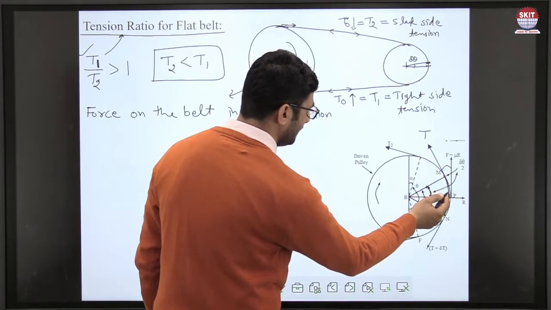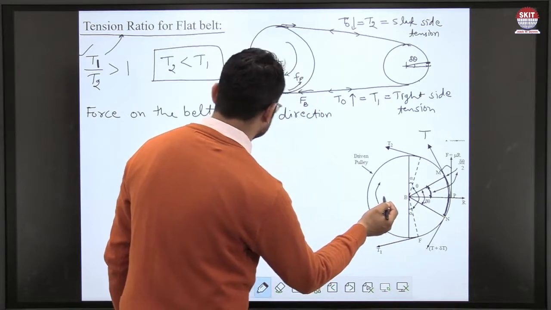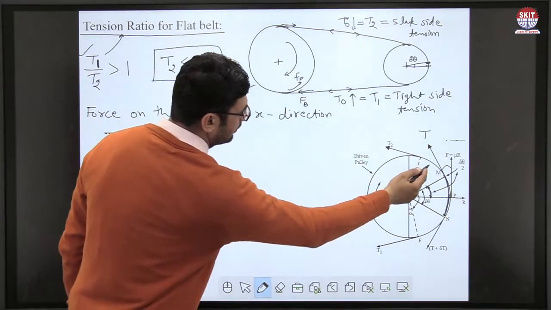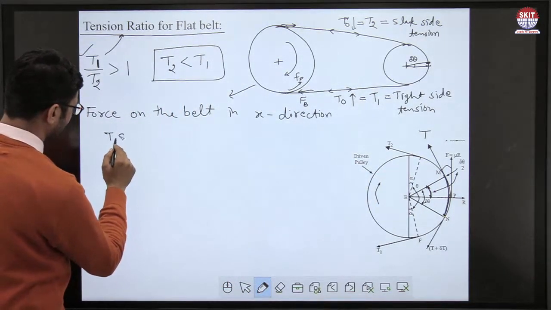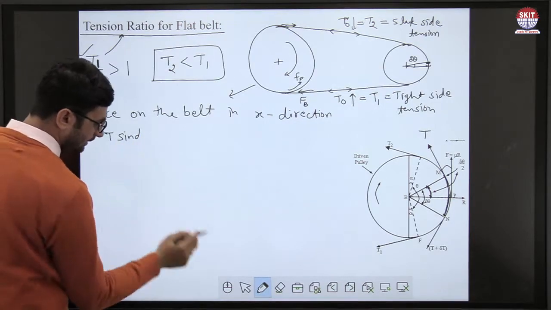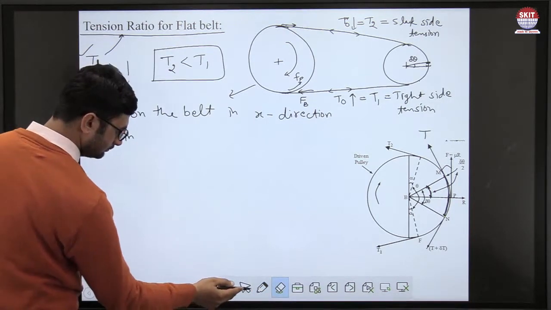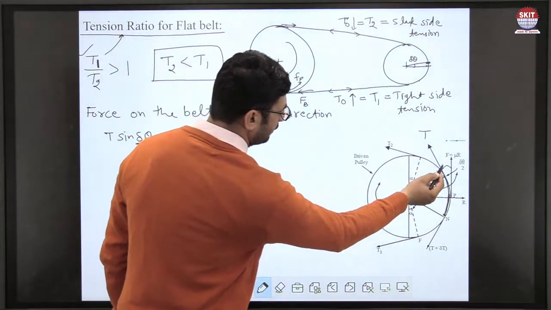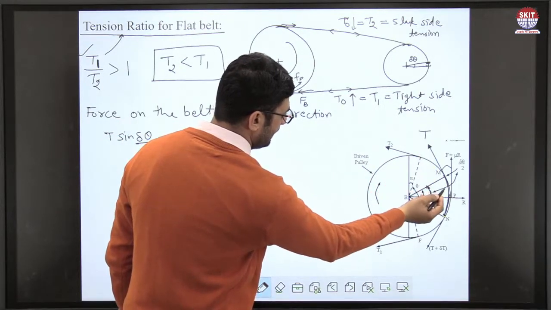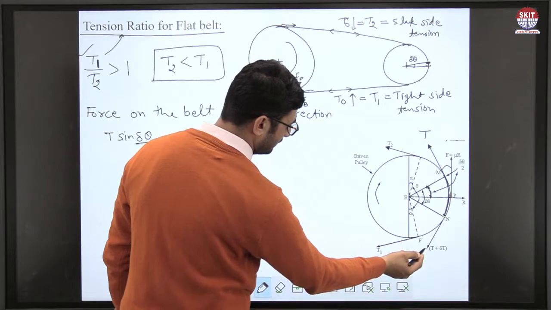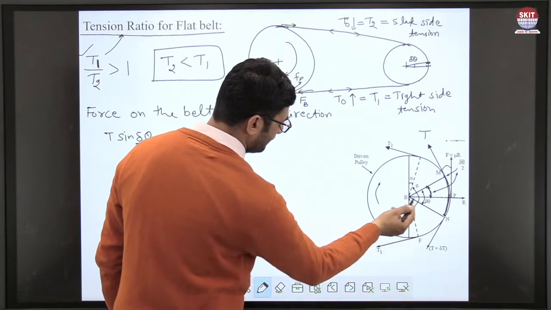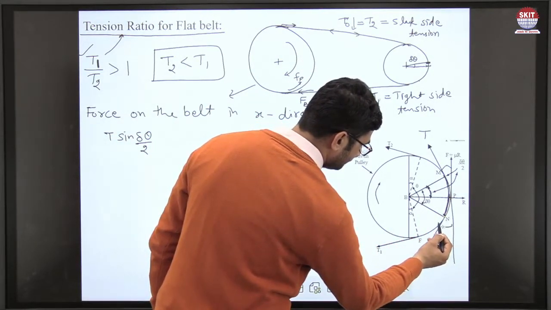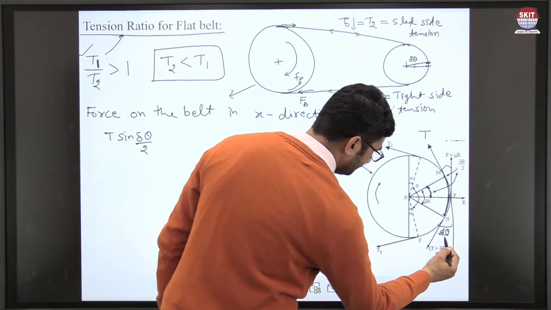The component of T plus delta T in that direction is also T del theta by 2.